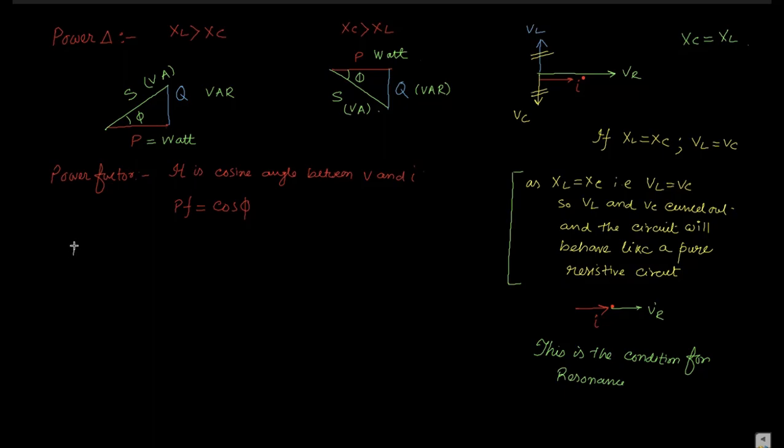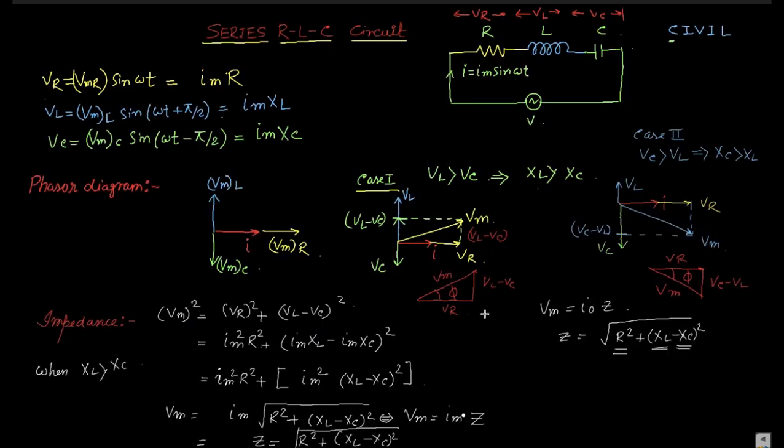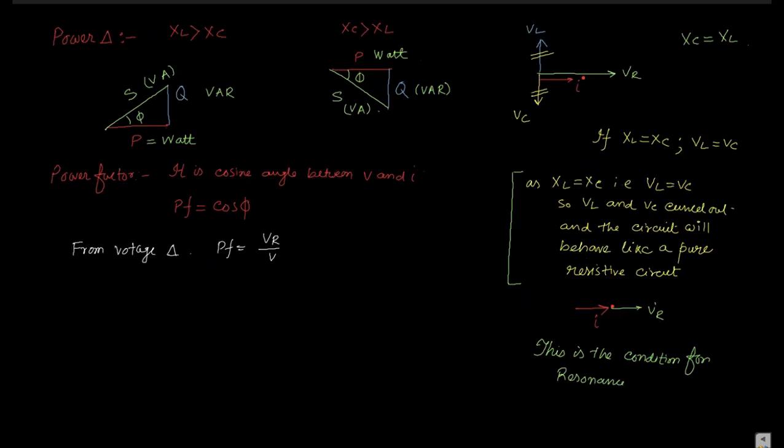From the voltage triangle, PF is nothing but VR by V. You can consider this Vm as V. If it is Vm, then it is the peak value. If it is V, then it is the RMS value. This is the basic difference. So power factor is VR by V.